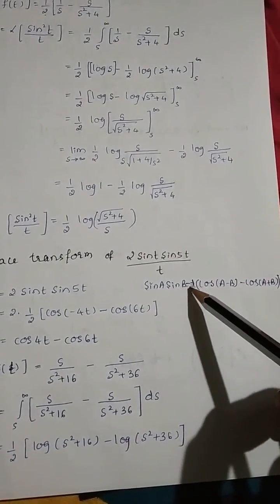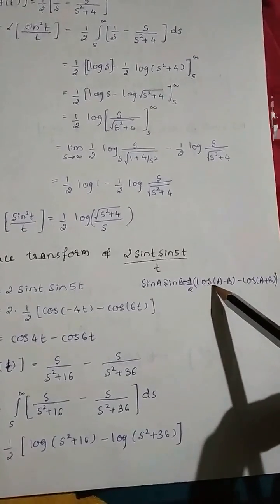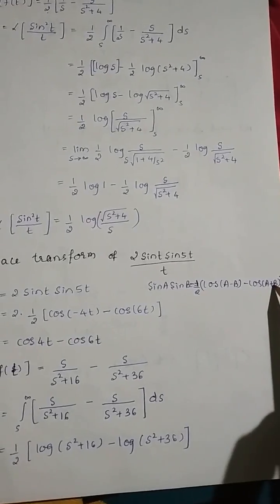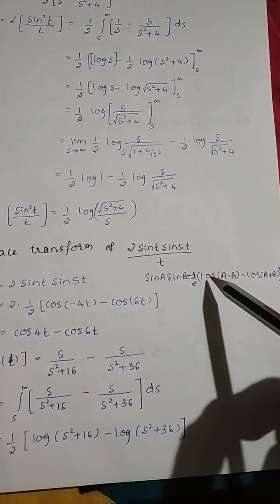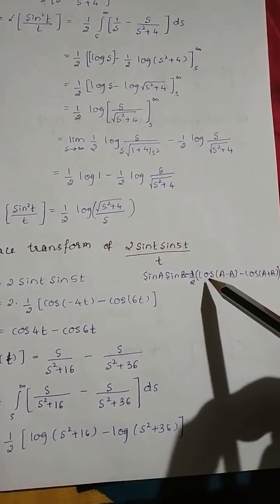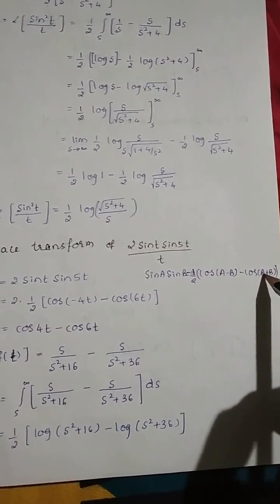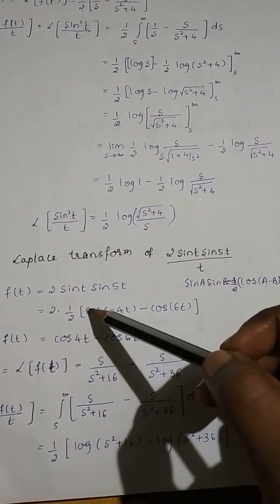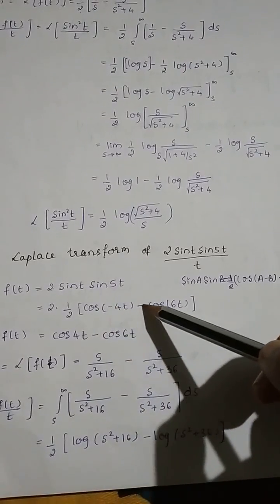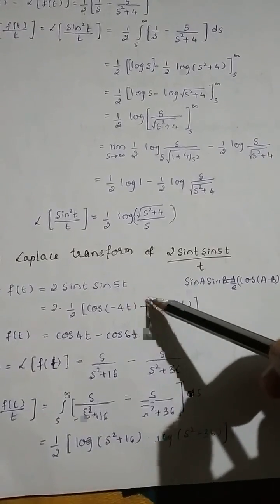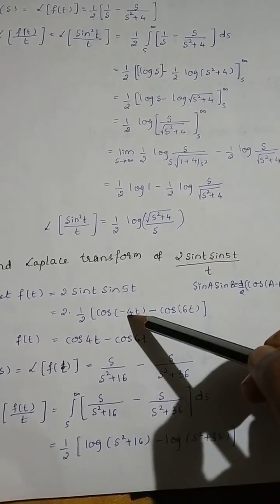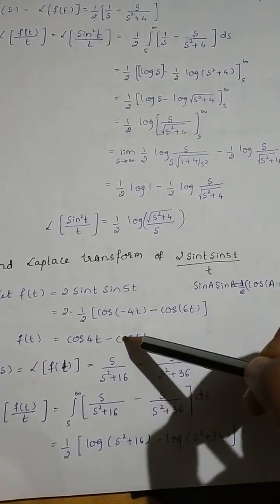Multiplying by 2, the 2 cancels: we get cos of minus 4t minus cos 6t. Cos of minus theta is cos theta, so that is cos 4t minus cos 6t.